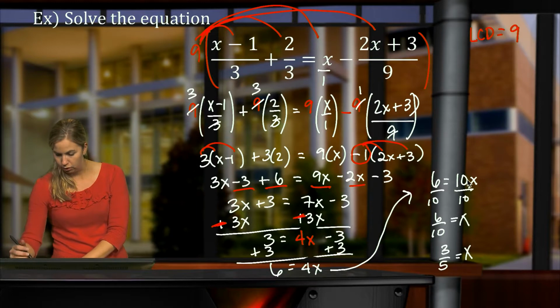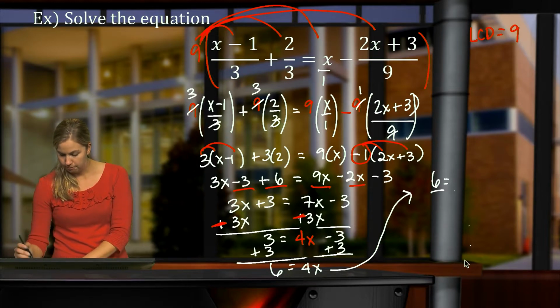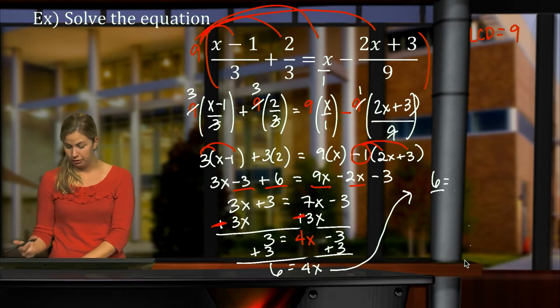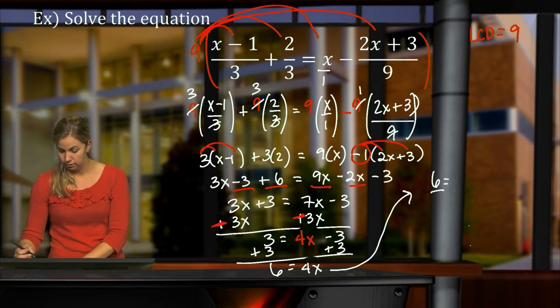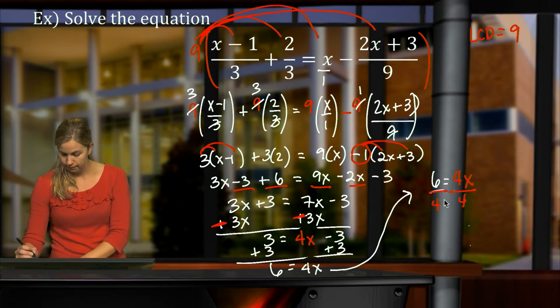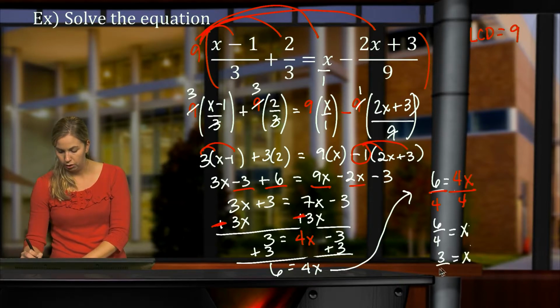Again, I'm just going through and fixing where I made my mistakes, guys. I don't have to erase everything because not all of it was incorrect. 6 equals 4x. Divide both sides by 4. We get x is equal to 6 over 4, which will simplify x equals 3 over 2.